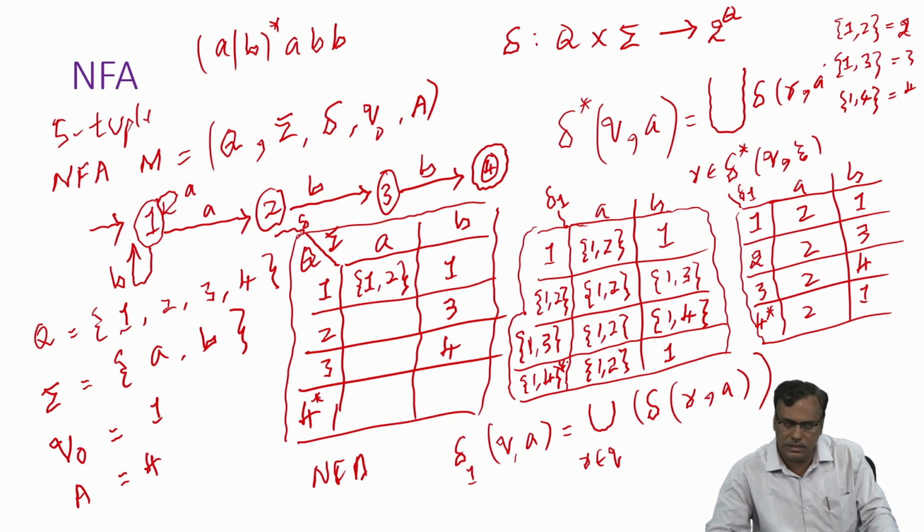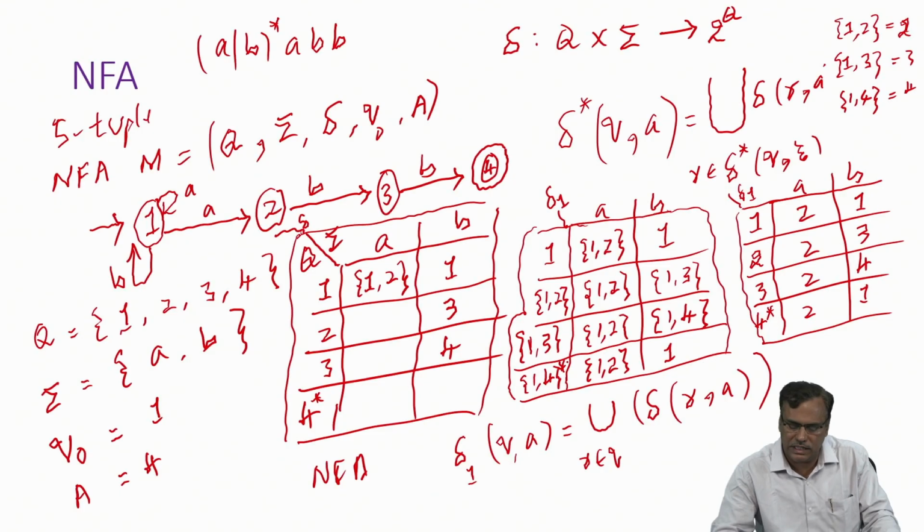Why so? This is what it says. For q belonging to Q1, here capital A is what? 4. Here q in the sense what? That is 1, 4. 1, 4 intersection 4 is equal to 4.